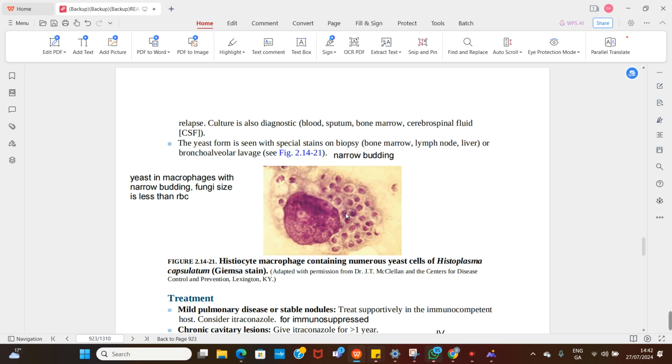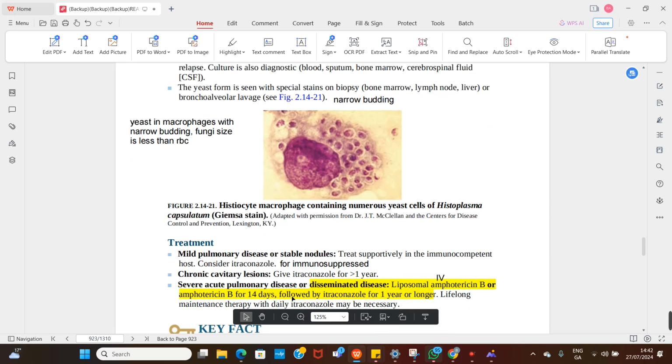So if the patient is immunosuppressed and having a mild or nodular presentation, give itraconazole. But if the person is immunocompetent and is having stable nodules, mild presentation, do not give anything. Just give supportive treatment. Maybe the person has pain, give antipyretics or something. Do not give itraconazole.